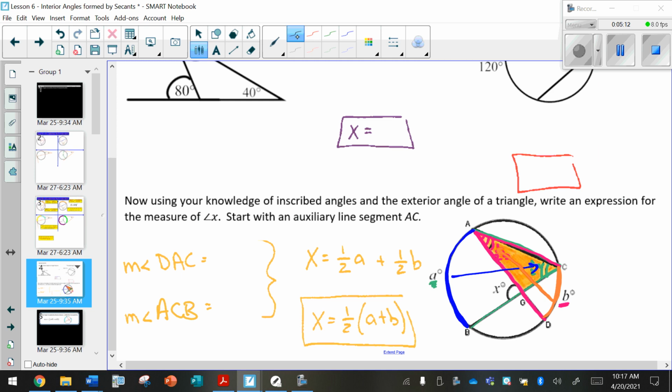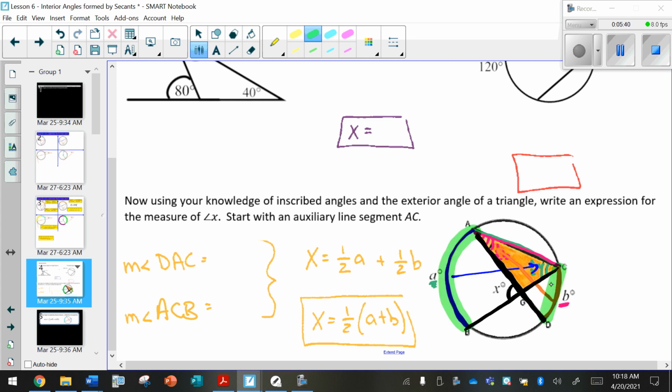So if I redraw these to cover up all the colors that I've used, our two chords intersected to form angle X, and the arcs that are used to find that angle are the intercepted arcs inside the angle.